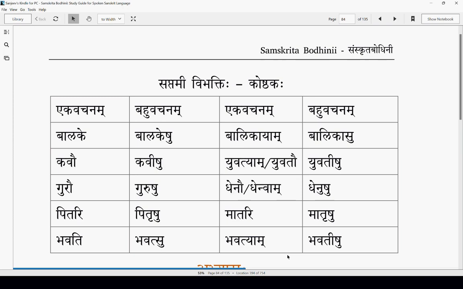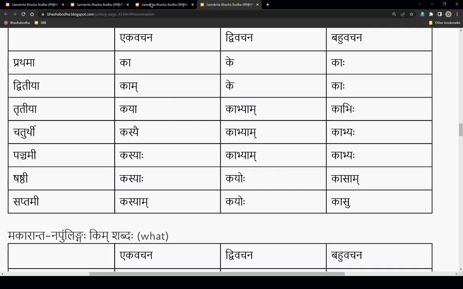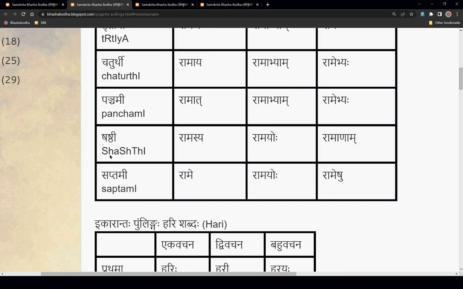Yeah, so we looked at some examples here. Then one common usage you find in Saptami is Dvivachanam, because we have two hands, two eyes, two ears, two feet. So these things in Dvivachanam usage is common.